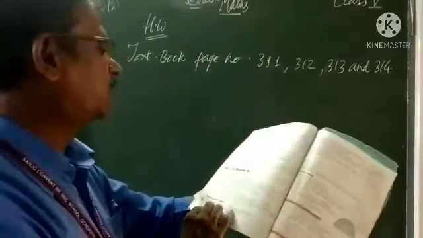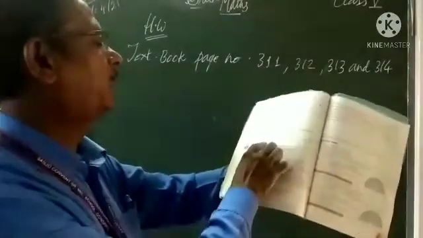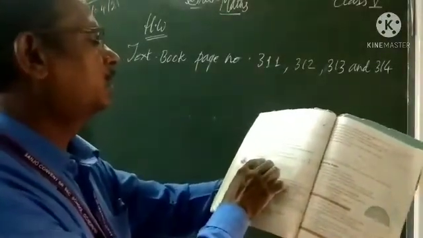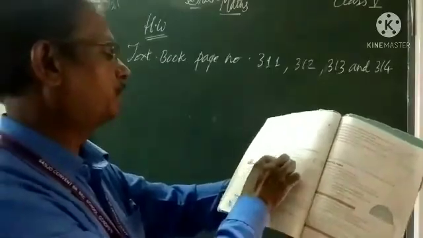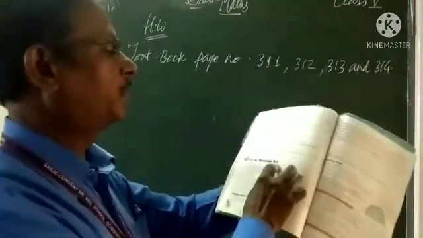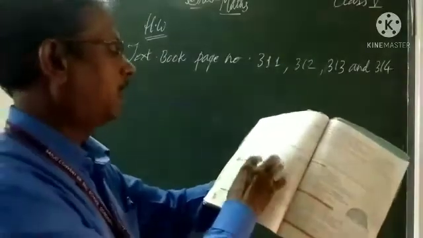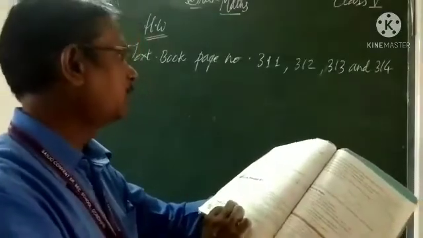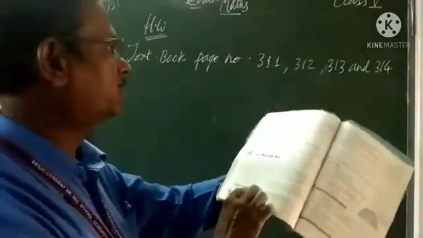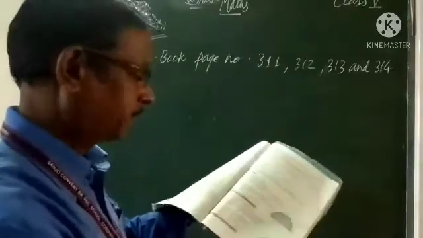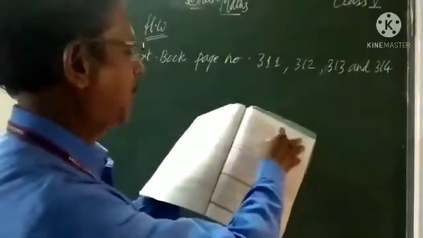After that, page number 312. From here to here, a ray is also called a half line. 8.1 if you have not written, you have to complete this one. Already I have written on the blackboard and explained. After that, give heading angle and its type. Page number 313 also. As it is, you have to draw.